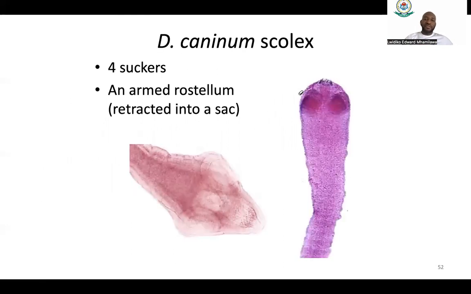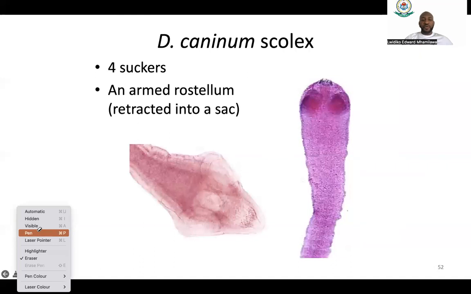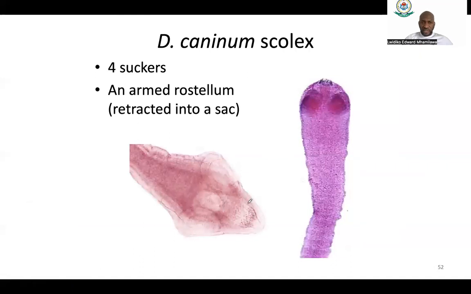They look slightly different in shape, but they both have the armed rostellum, which is retracted into the sac. And these are the suckers. They suck things.